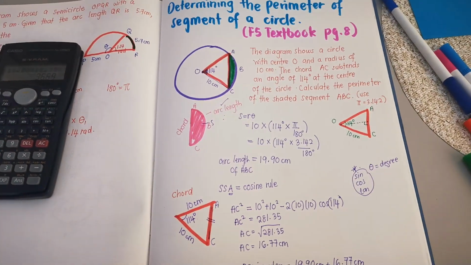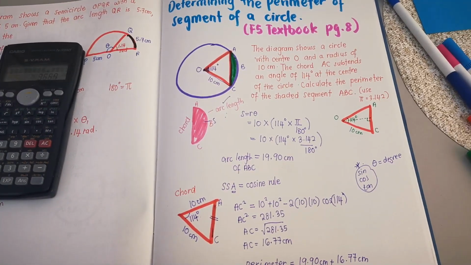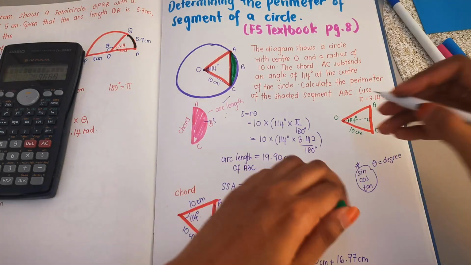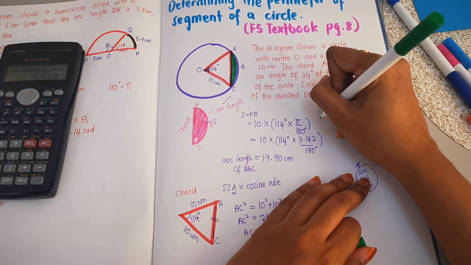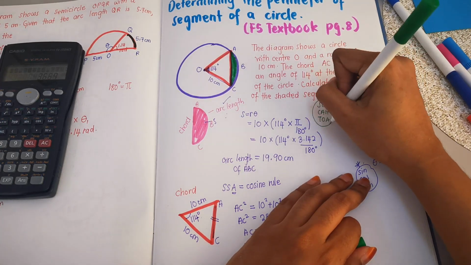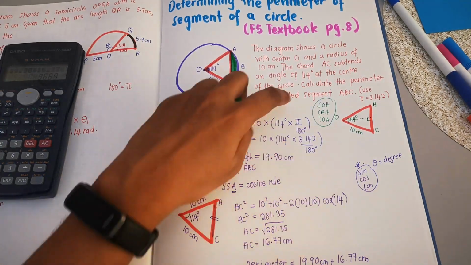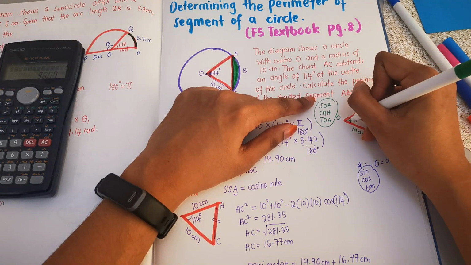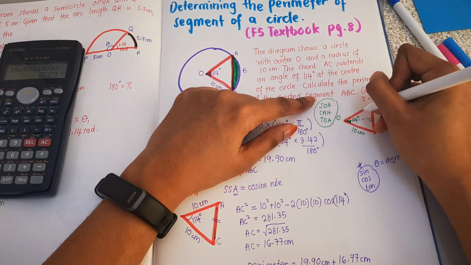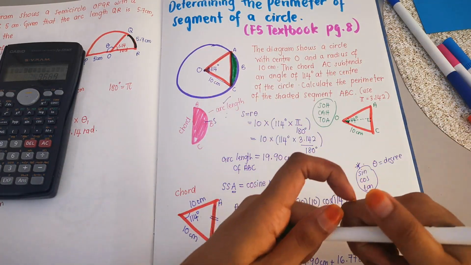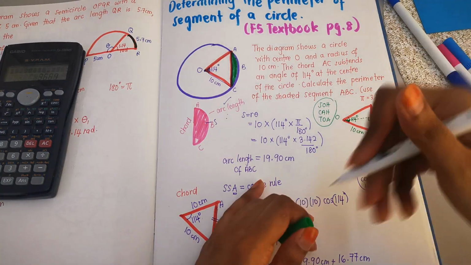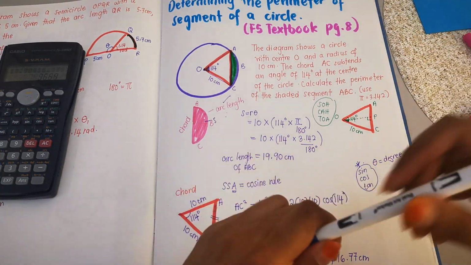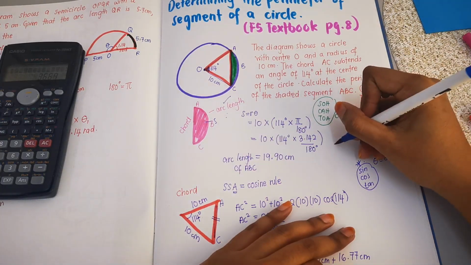When you get the right angle triangle, you need to use SOH CAH TOA, if you still remember. This we have learned already. Since we have divided this triangle into half, let me write here as P. So your triangle is like this now.